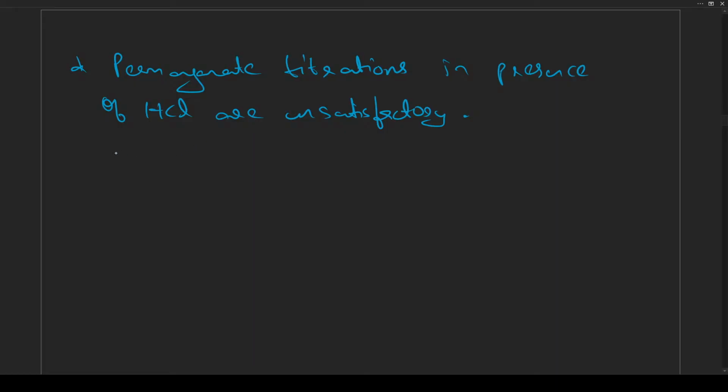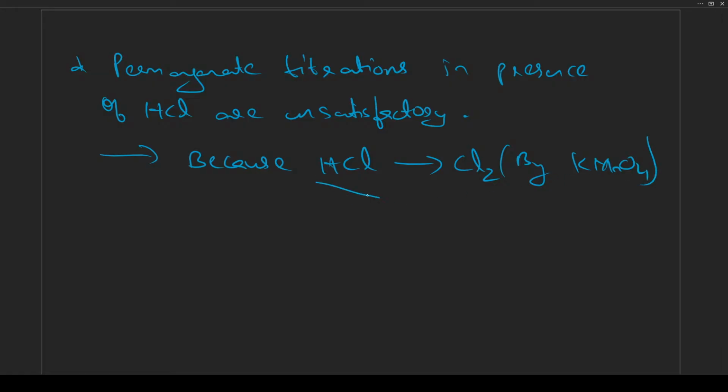As for the reason, it is because hydrochloric acid is oxidized to chlorine by permanganate ions. Hydrochloric acid is converted to Cl2 by KMnO4, which is not needed.